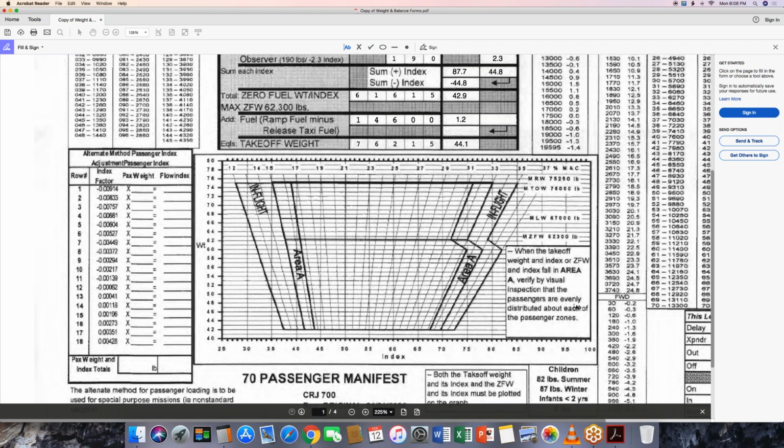We're at 76,215 pounds. Now, he might ask you, what is your zero fuel weight? Just to see if you're paying attention to that, and make sure that your zero fuel weight isn't what's causing the overweight issue. But yeah, at this point we would notify him of the issue, and he would give us further instructions at that point.